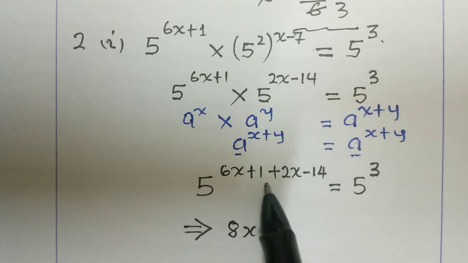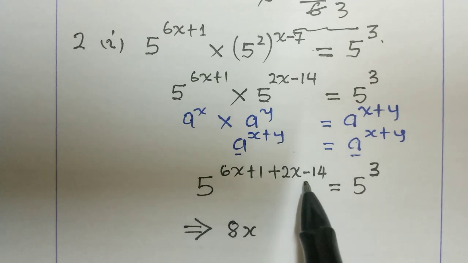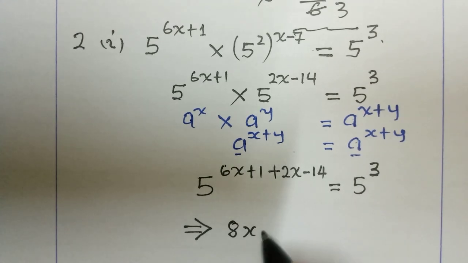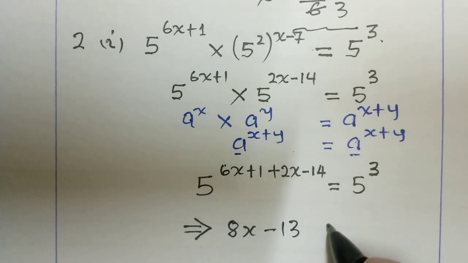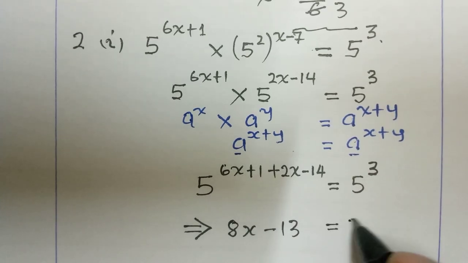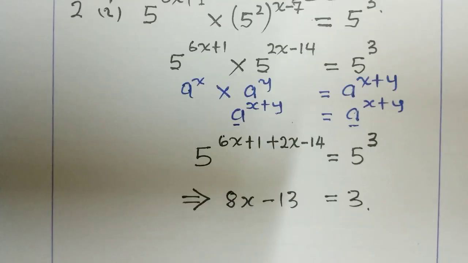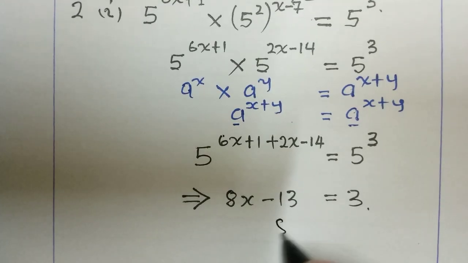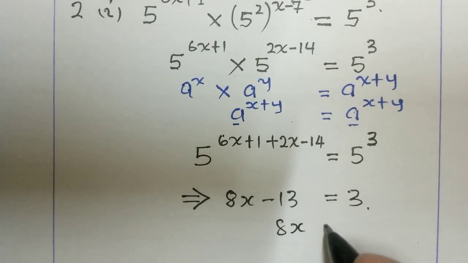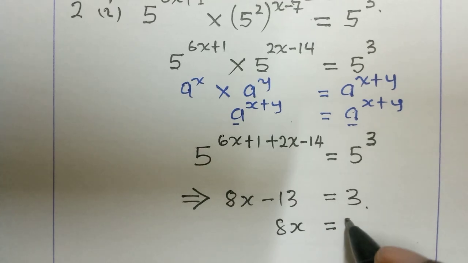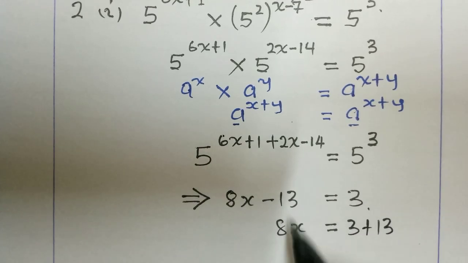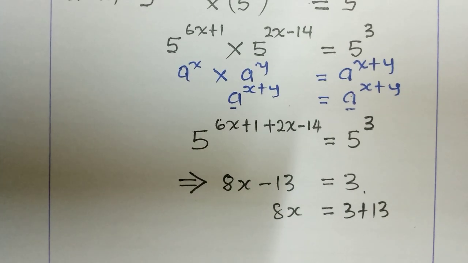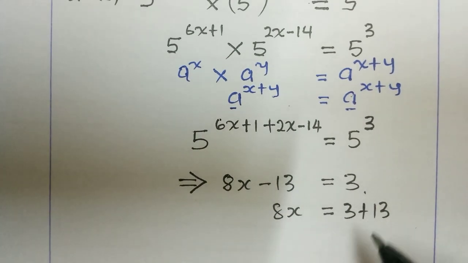And then you have 1 minus 14. That gives us minus 13. This now gives us 3. So that's what we find. And so therefore 8x is equal to 3 plus 13, because when you bring 13 to the other side, you get a positive 13.